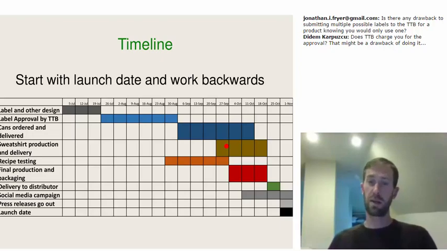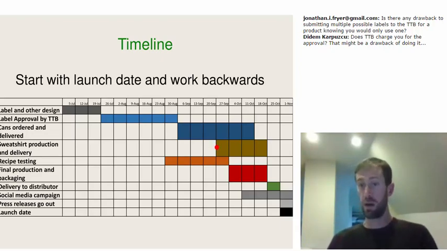So this next step up is, I mentioned I'm going to create a sweatshirt that goes along with this product launch. So sweatshirt production and delivery, this means that I already have the artwork created, and I'm going to make it simple for myself. I'm just going to reuse the label design, major elements from that label design, and put it on a sweatshirt. So I don't have to do any additional content development or design work, but I do need to make sure that that order is off to the sweatshirt manufacturer, screen printer.